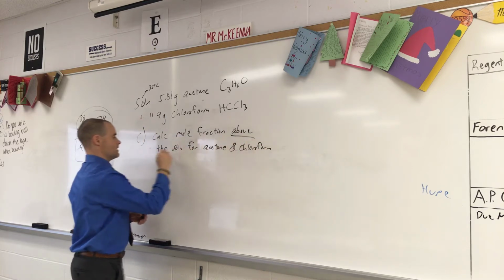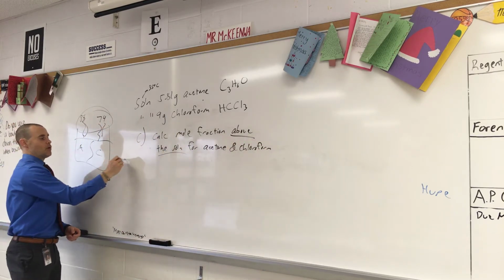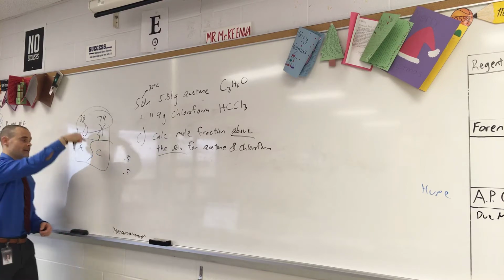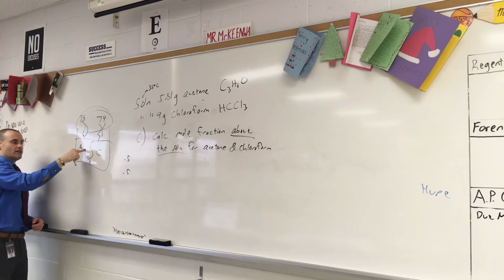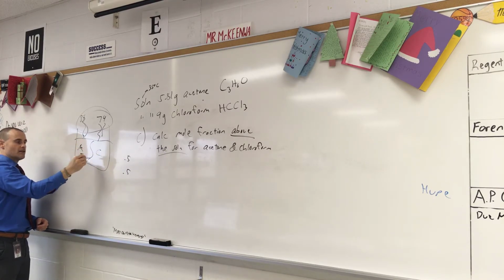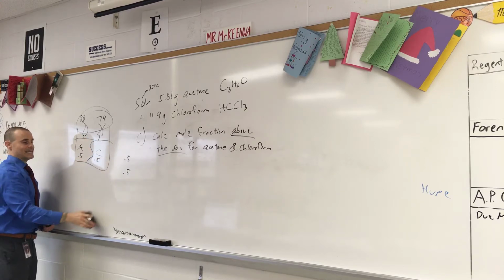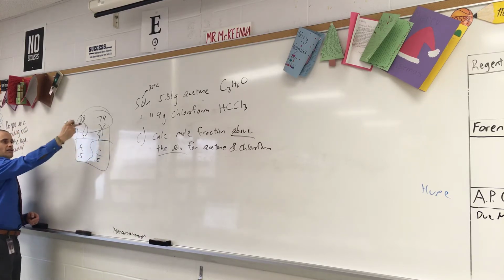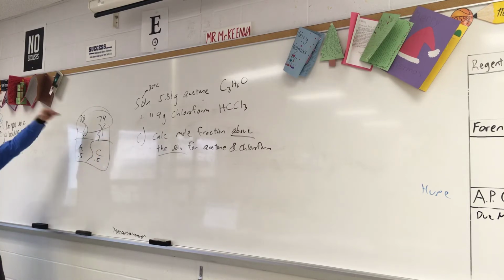Above the solution is the key. You just calculated 0.5 and 0.5 in here. So the mole fraction of acetone is 0.5 here and 0.5 here for chloroform. That's in the solution. The question wants to know what's the mole fraction up top when it's a vapor.